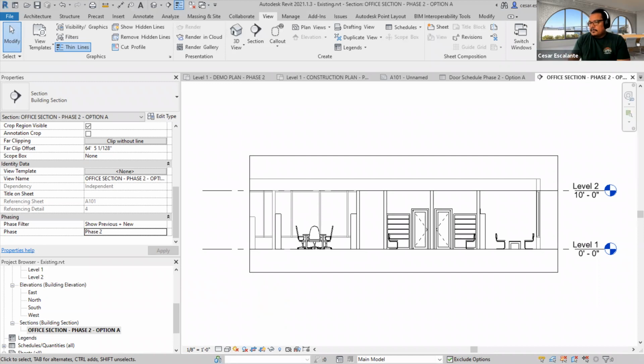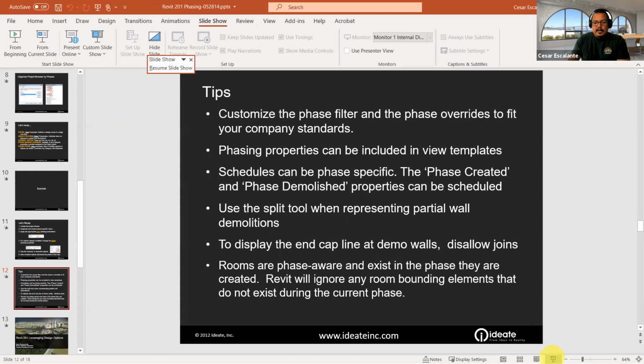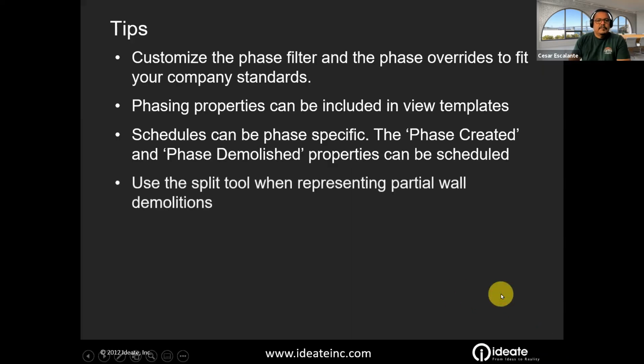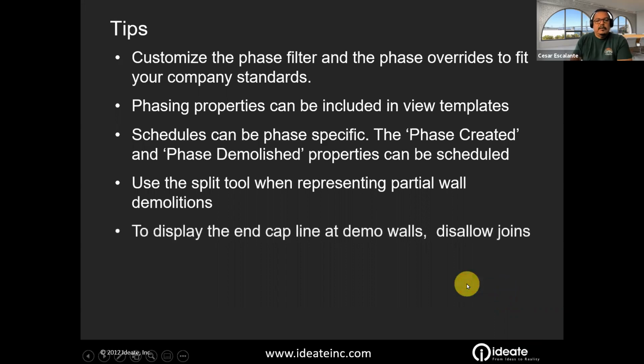All right, a couple more tips. Obviously, if you need a partial demolition, you can use the split tool to cut a wall, and then a portion of the wall will be assigned to demo, another portion will be existing to remain.